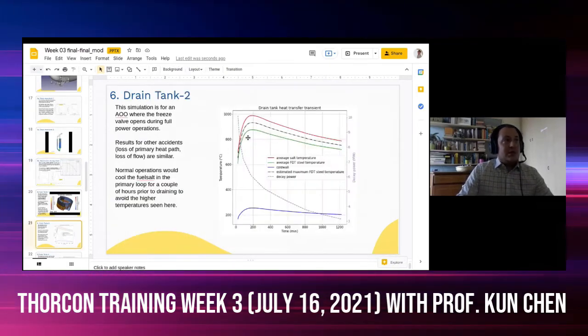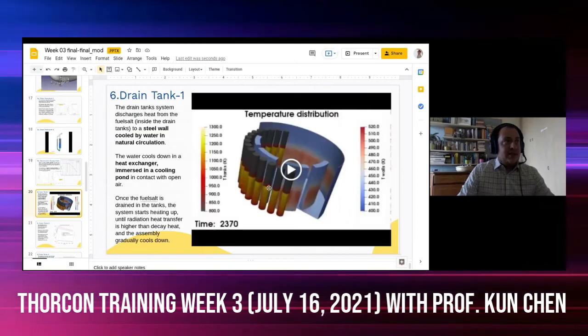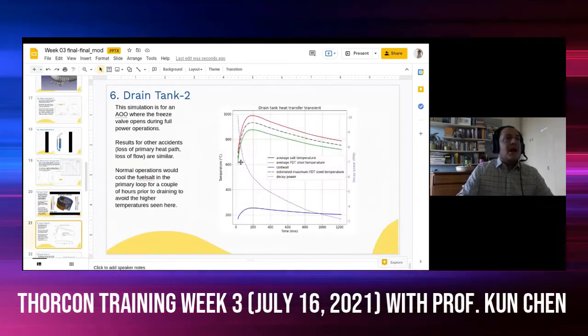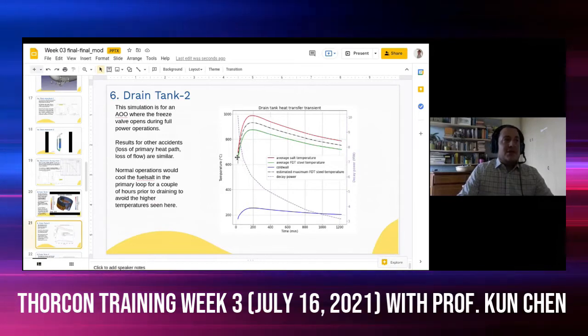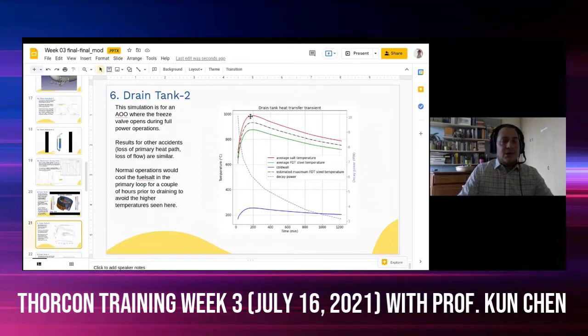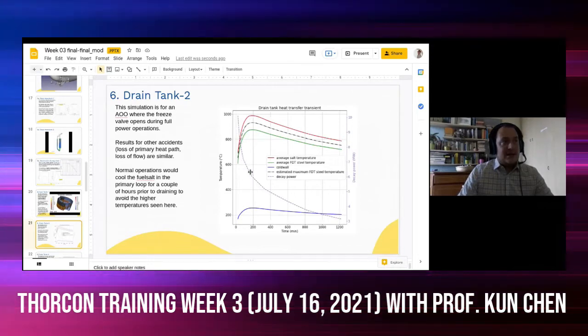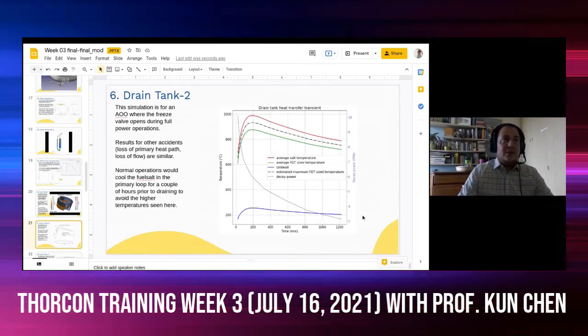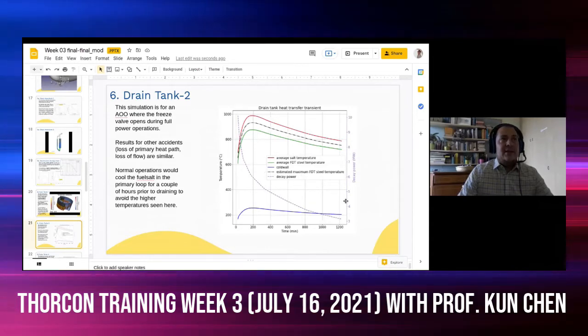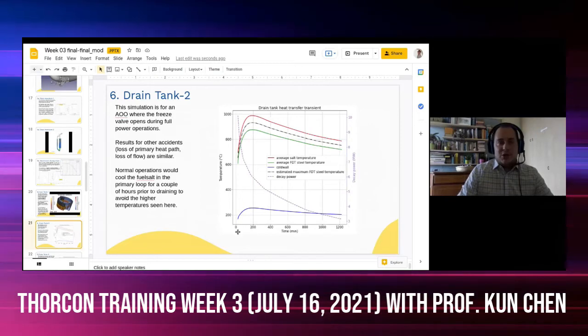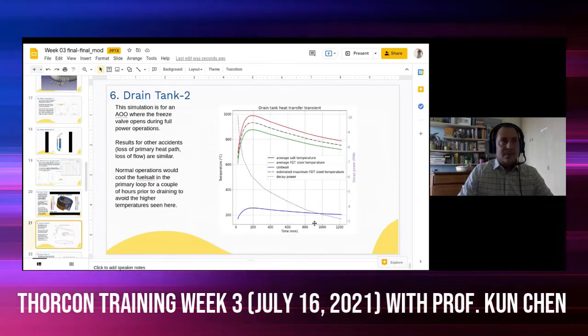Once the salt is drained in the drain tanks and they are effectively exchanging heat with the cold walls, we see that at the beginning there is a rise of the temperature due to the decay heat. You can see the decay heat in this line reading from the right. This is the decay heat in megawatts, and this is the time in minutes after the shutdown of the core.